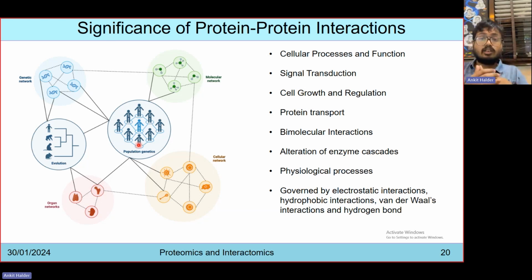So different physiological processes are generally governed by physical interactions like electrostatic interactions, hydrophobic interactions, van der Waals interactions, and hydrogen bonds. These are the physical forces that govern these interactions as a whole and make things possible.